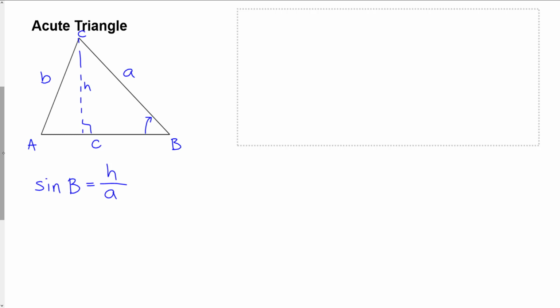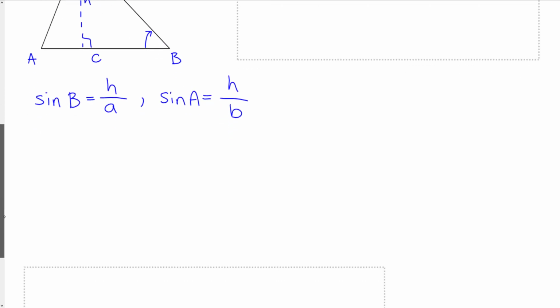So sine of angle B would be h over a. Likewise, if I had chosen angle A, for instance, the side opposite angle A in a right triangle is h, and the hypotenuse is b.